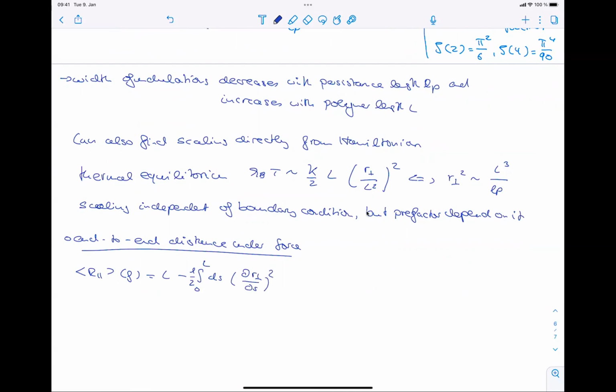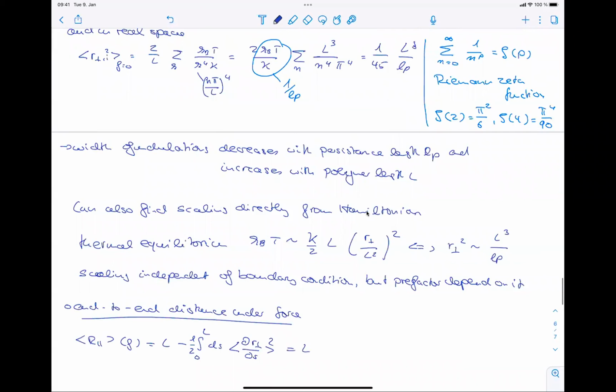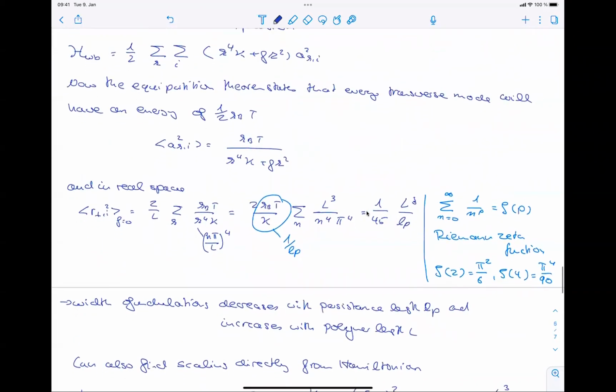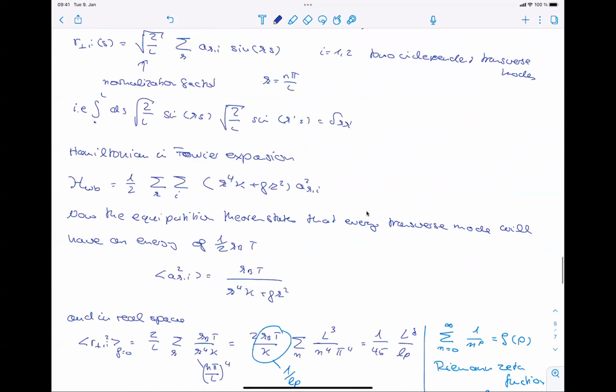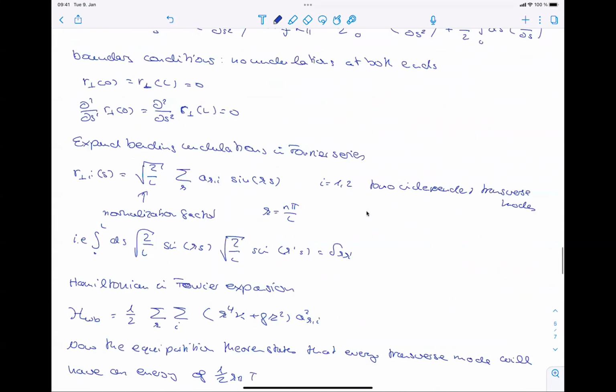Now statistically speaking, I want to have some thermal statistics. And so what we can plug in here is this relationship, putting in the a_k's here. Because it's a derivative, we get a factor of k again.